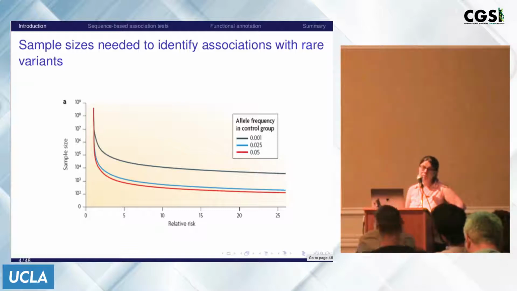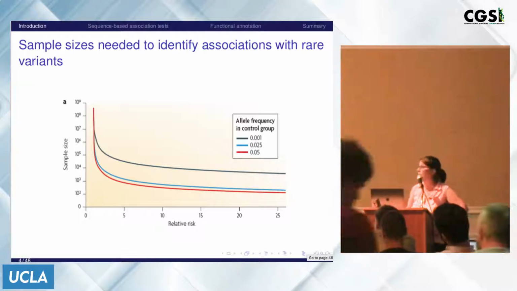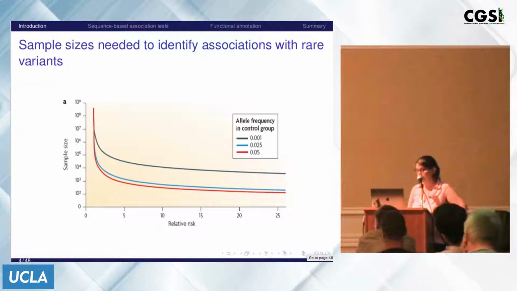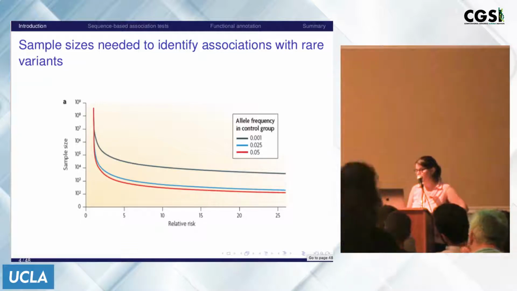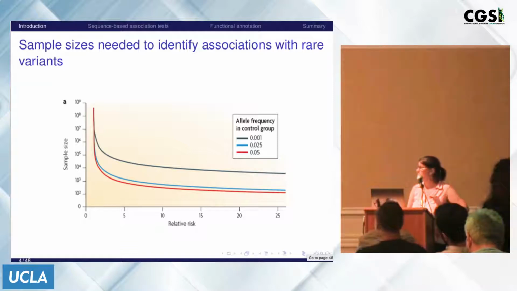If we think about the sample sizes we need to identify association with these variants, they're going to be very large. What I'm showing here in this plot is sample size as a function of the effect size, relative risk, for different minor allele frequency.